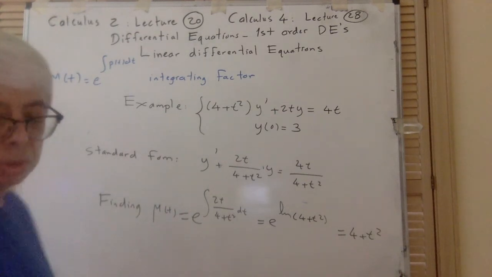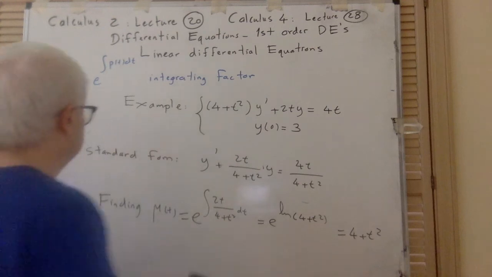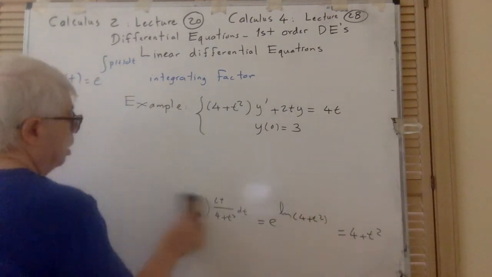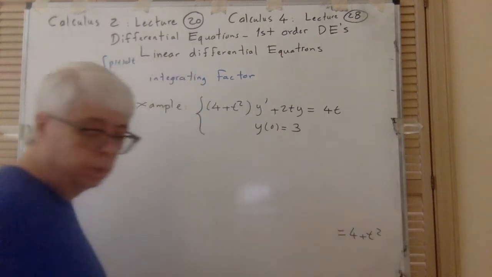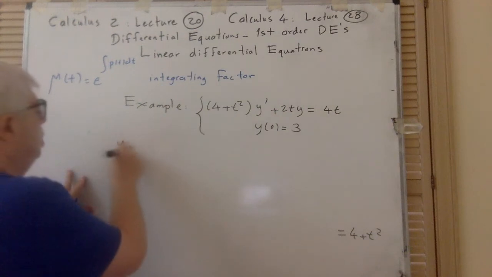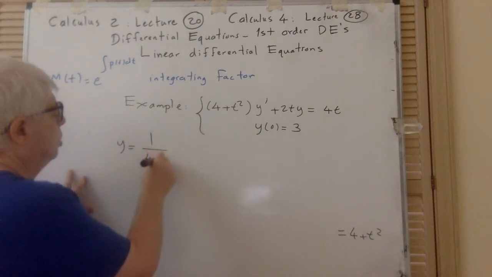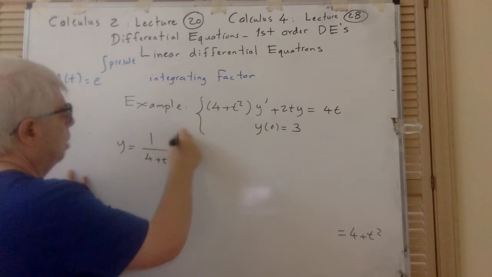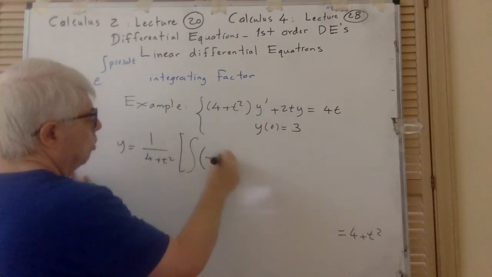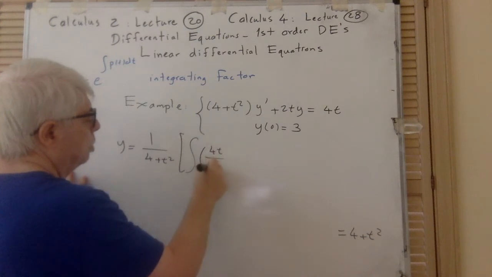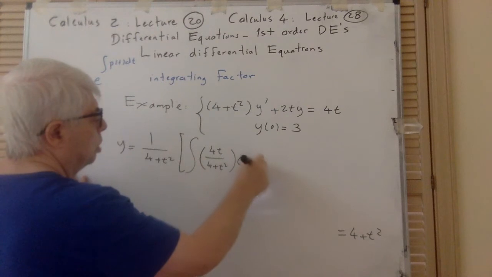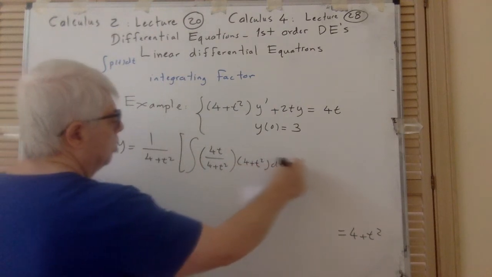So let me write down the complete equation. The solution will be, let me keep this 4 plus t squared, that is the mu t. So the solution will be 1 over 4 plus t squared times the integral. Q t was 4t over 4 plus t squared, times mu t, which is 4 plus t squared, dt, plus a constant c.